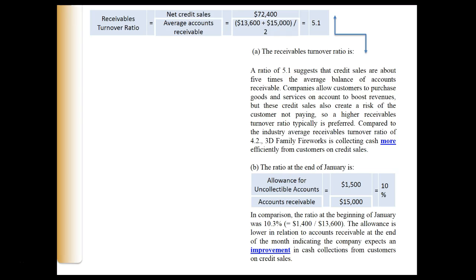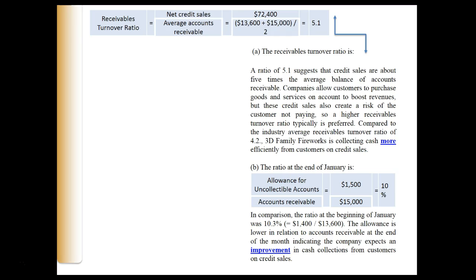Companies allow customers to purchase goods and services on account to boost revenues, but these credit sales also create a risk of the customer not paying. So a higher receivables turnover ratio is what you want. Compared to the industry average of 4.2, then this company is collecting cash more efficiently than the industry.